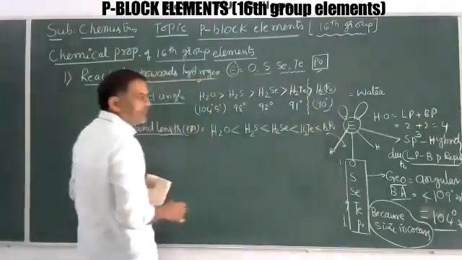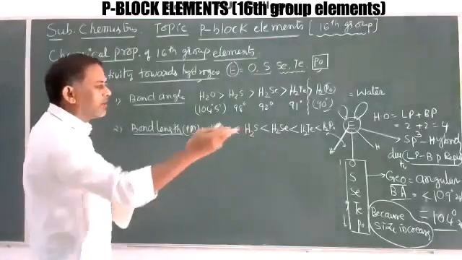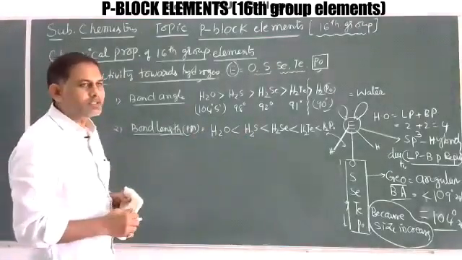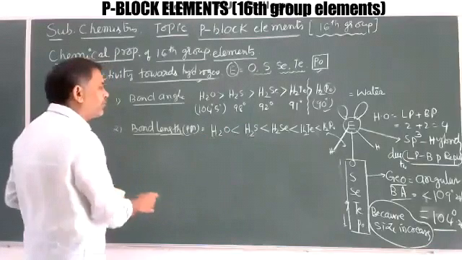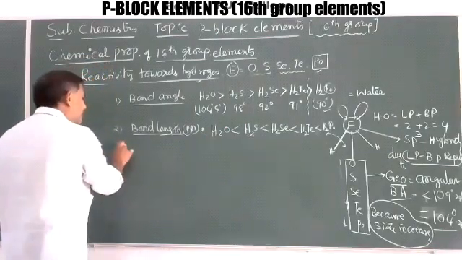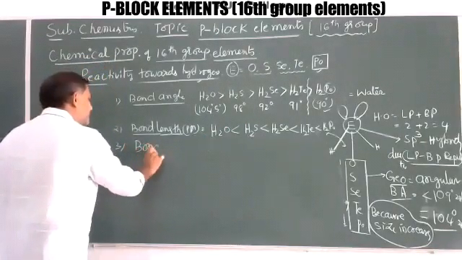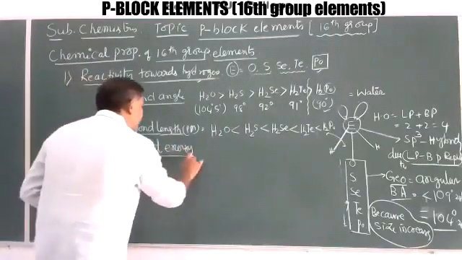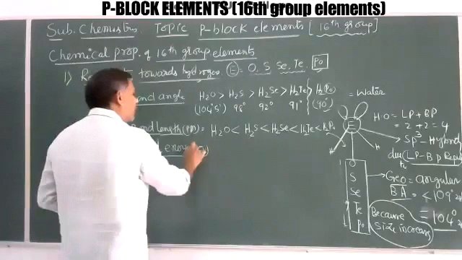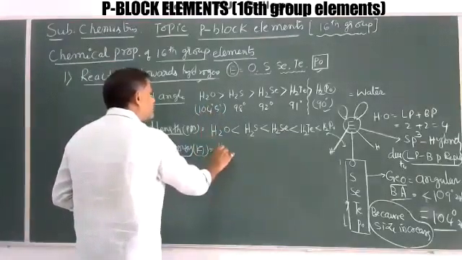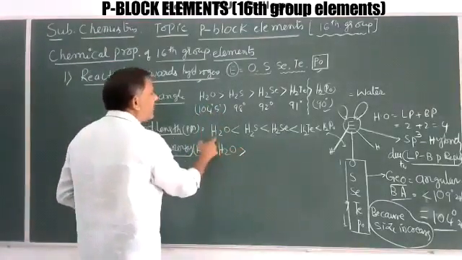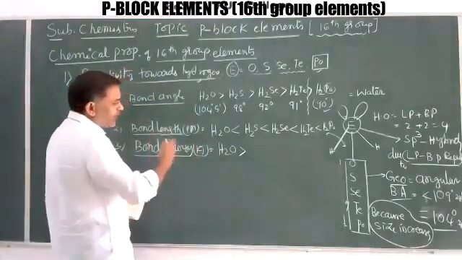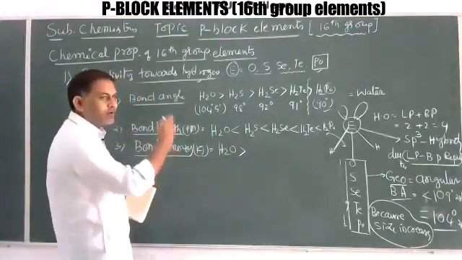When bond length increases, bond distance increases, and bond energy, bond dissociation energy, bond enthalpy, in kilojoules, decreases. Here H2O is more because bond length is less. To break that, more energy is required.